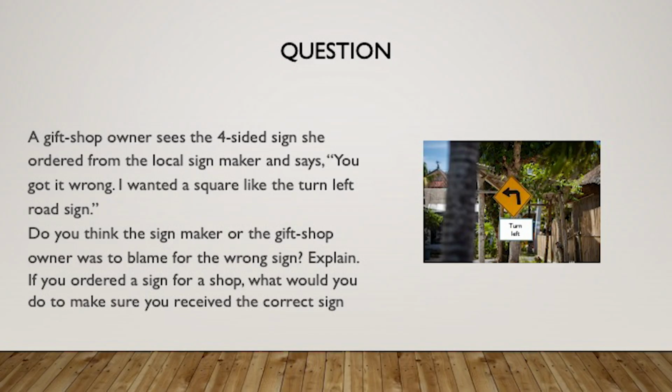When you think about it, it is a 4-sided shape, or as we call it, a quadrilateral. It could be any 4-sided shape. It could be a square, it could be a rectangle, or it could be any other quadrilaterals. So saying you want 4-sided sign will not be enough information.